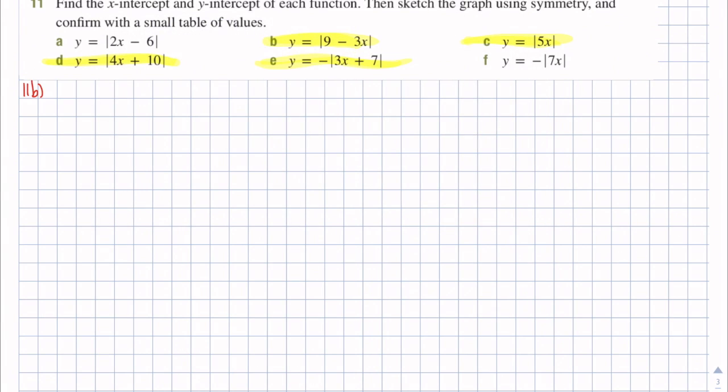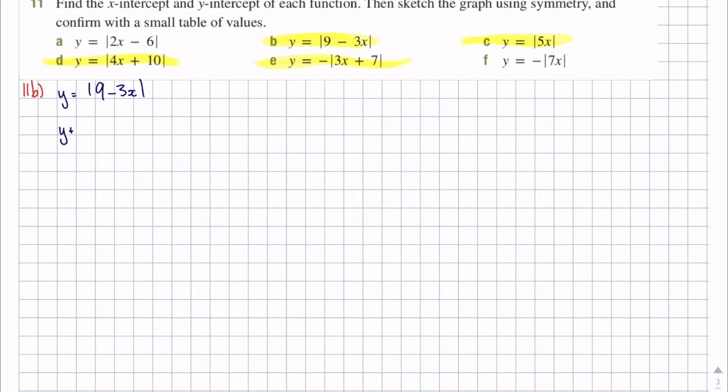So I've got y equals the absolute value of 9 take 3x. They've asked me to find the x-intercept and y-intercept and then graph using symmetry. Now, I am going to make sure I do the positive and negative of each of these first.